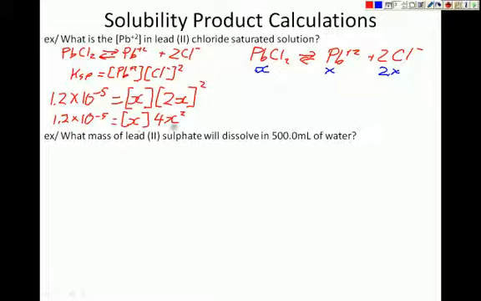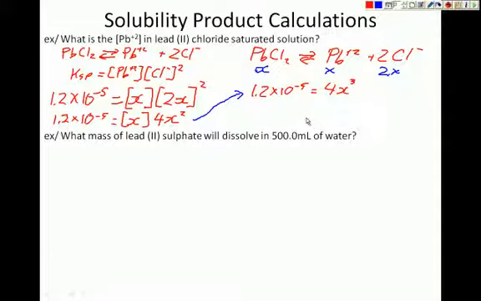I'm just going to move this formula up here so you can see it. Again, it's 1.2 times 10 to the minus 5 equals x times 4x squared, which is 4x cubed.